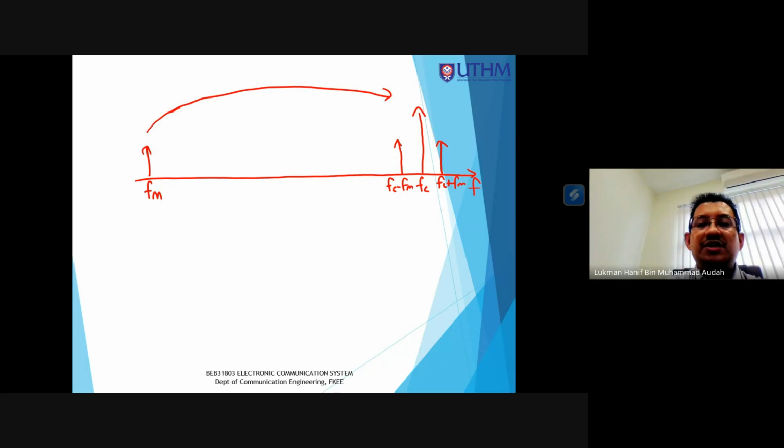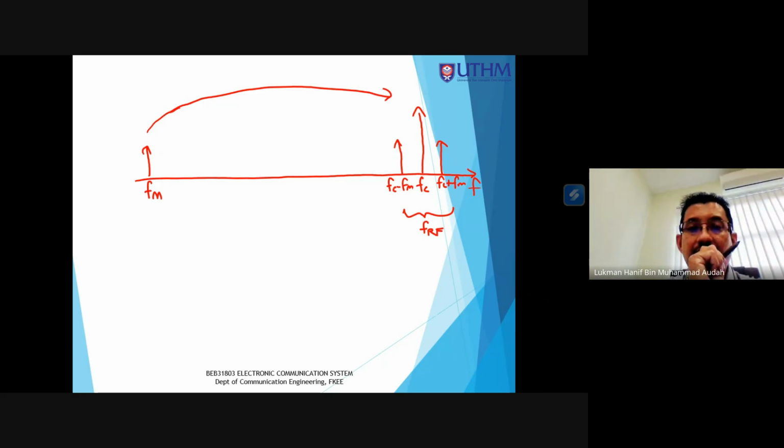All of this is what we call the F RF frequencies. We transmit these radio frequencies into the medium and they are received by the receiver. Now we want to convert back to the original frequency, F M.